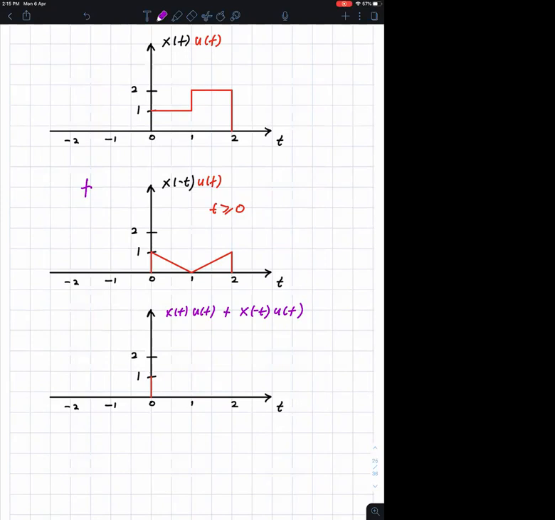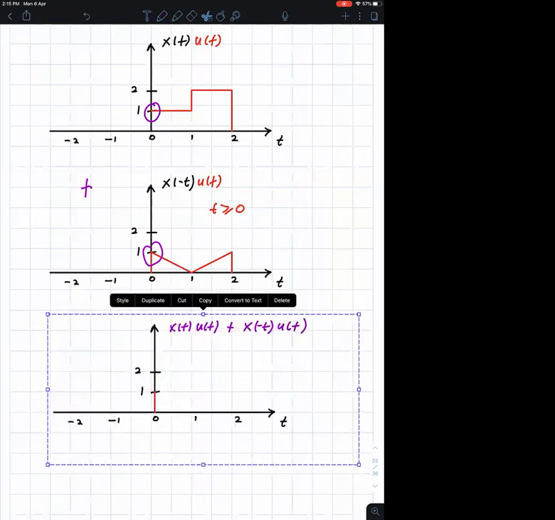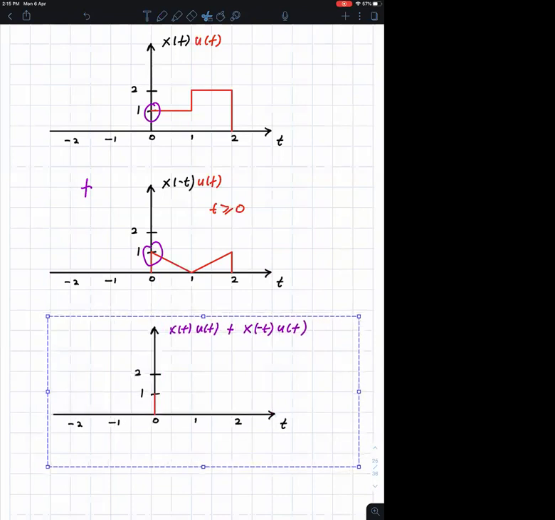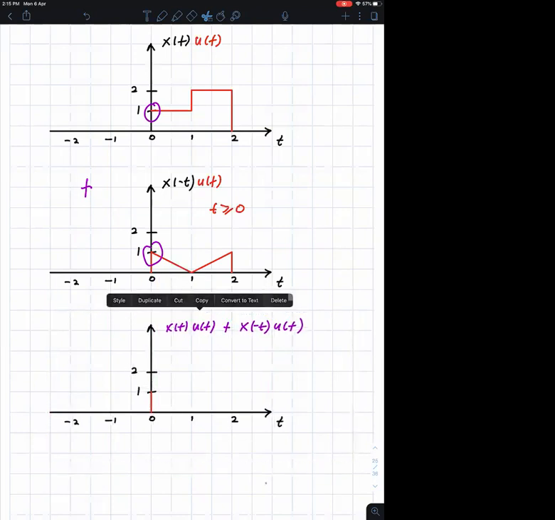If you look here at 0, this is 1 and this is 1. 1 plus 1 is 2. So therefore, you start from here at 2. At this point here, 1 plus 1 is how much?